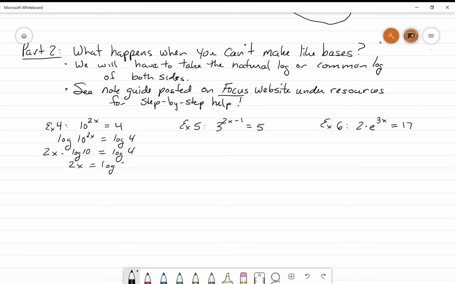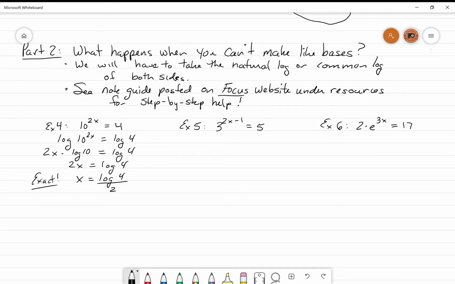Now we have a nice friendly log equation. We want to get our variable by itself like any equation, so all I'm going to do is divide both sides by 2, and that represents my exact answer, also known as calculator friendly.